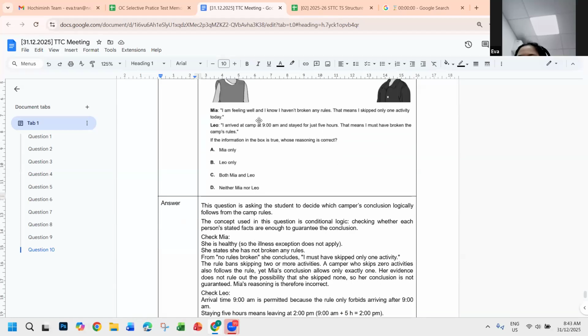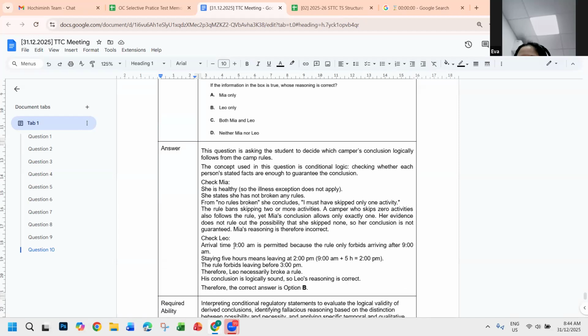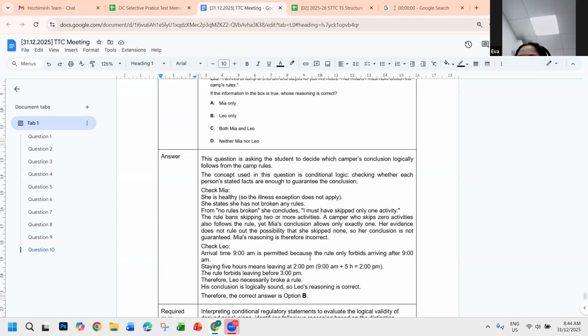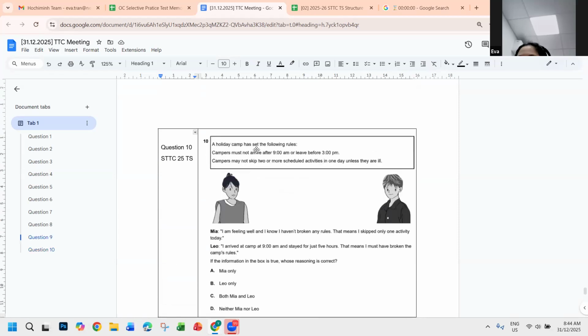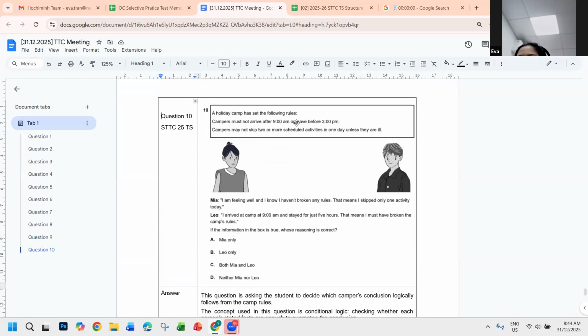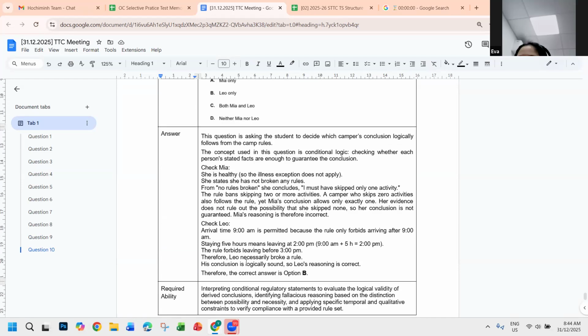And Leo says he arrived at camp at 9 a.m. and stayed for just 5 hours. So he arrived at 9 a.m. and stayed for 5 hours, which means he stayed until 2 p.m. And the rule says that campers must not leave before 3 p.m., and Leo left at 2 p.m. So he must have broken the rule.